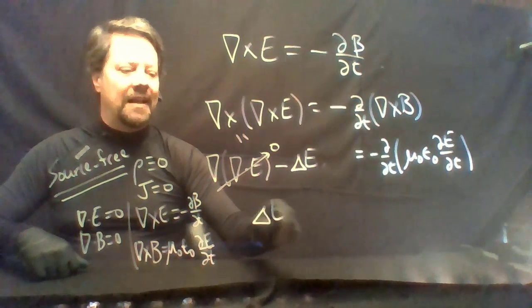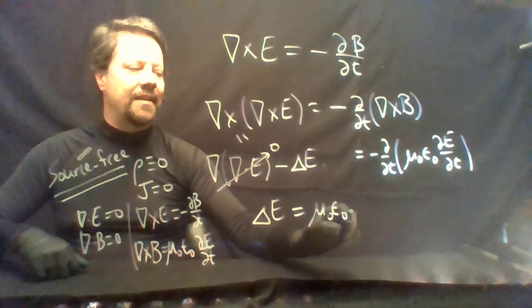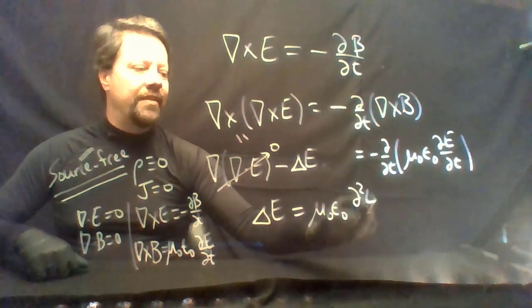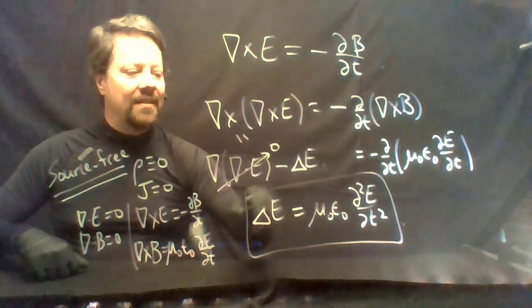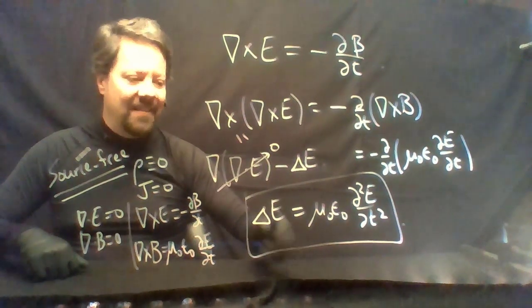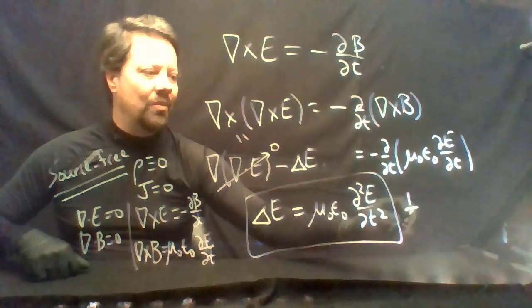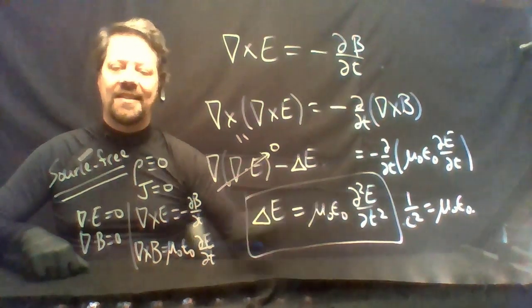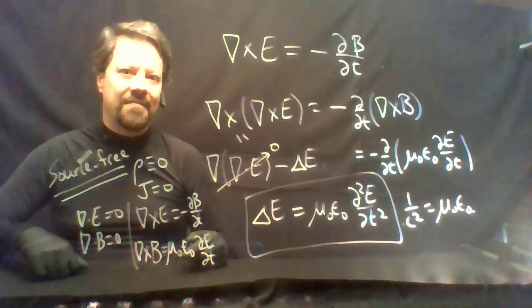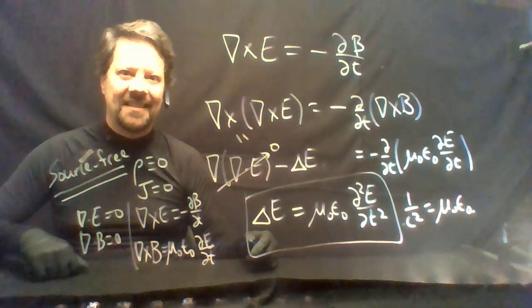We'll have the Laplacian of E is equal to mu naught epsilon naught times the second order derivative of E with respect to time. This means that the electric field satisfies the wave equation, where 1 over c squared is mu naught epsilon naught, and c is speed of propagation.